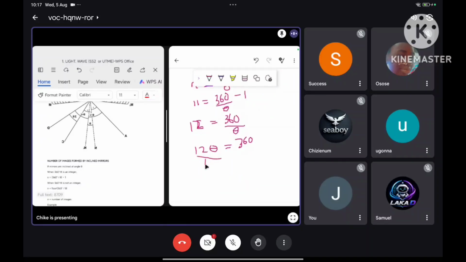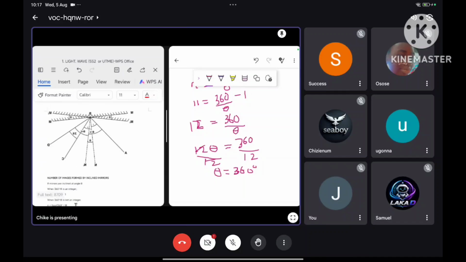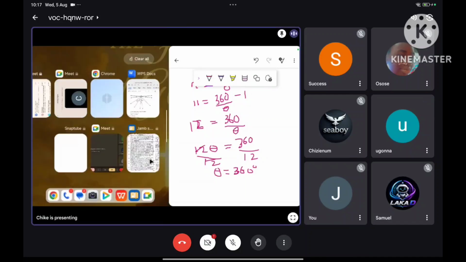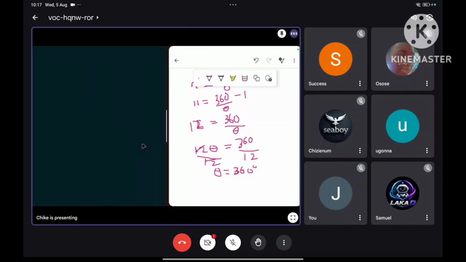All right, so moving on. To get the angle of inclination, I have to divide both sides by 12, of which what does that give me? That gives me 30 degrees. So let's take a fast question on that. Like I said, anytime we finish a topic, we'll be taking questions from JAMB and other exam bodies.